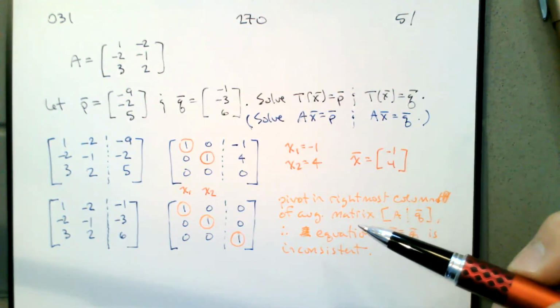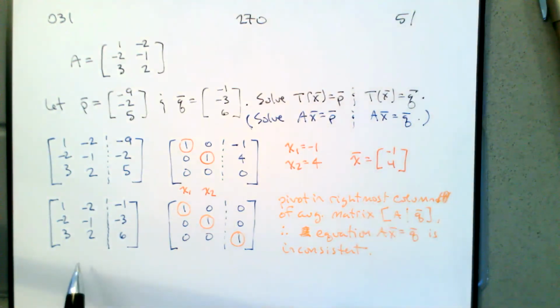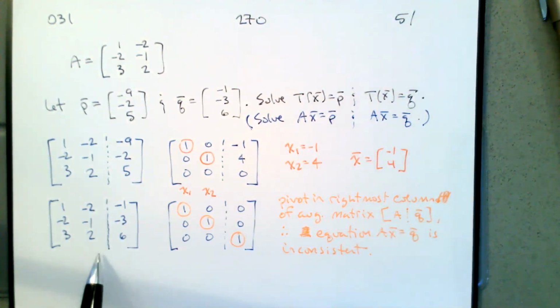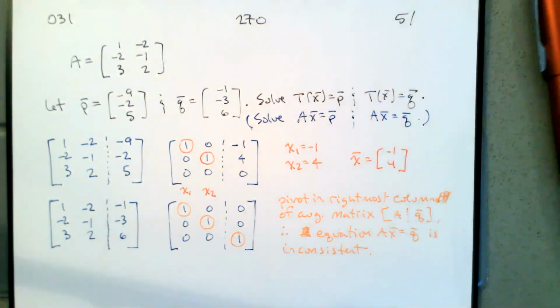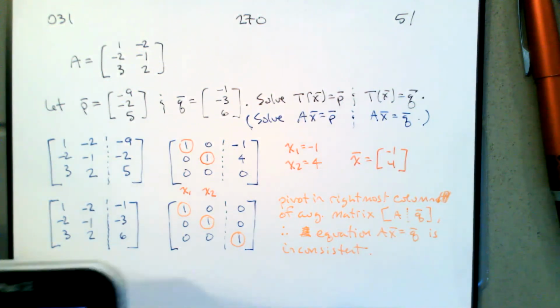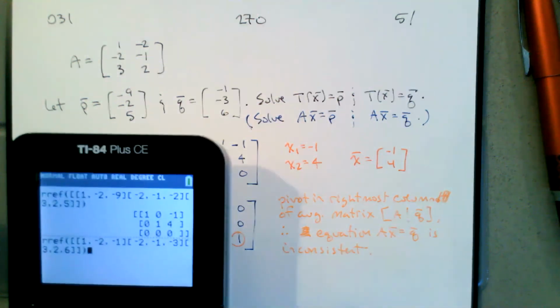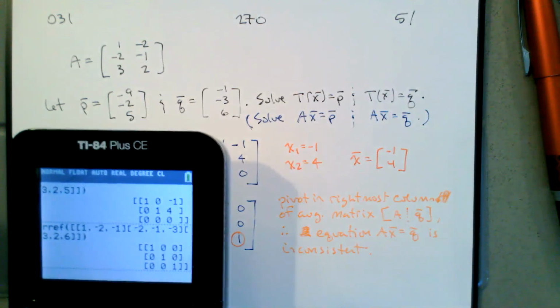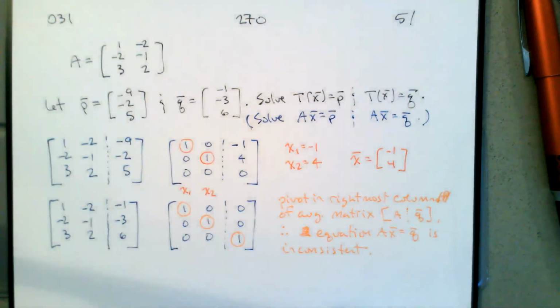We want to do the same thing with Q. I'm just going to make another augmented matrix where A, and then the rightmost column will be Q. And here, when we find the reduced echelon form, we find a pivot in the rightmost column of an augmented matrix.